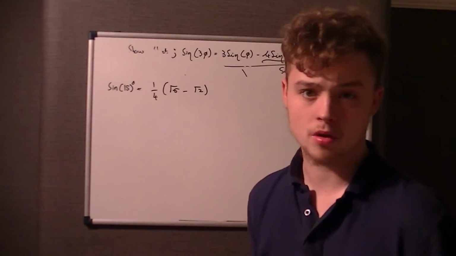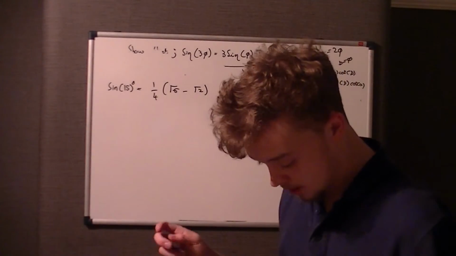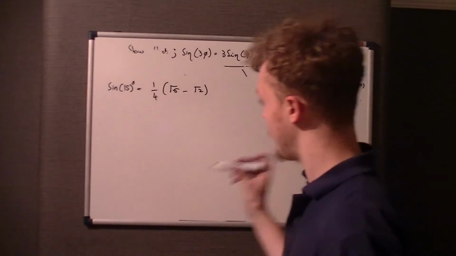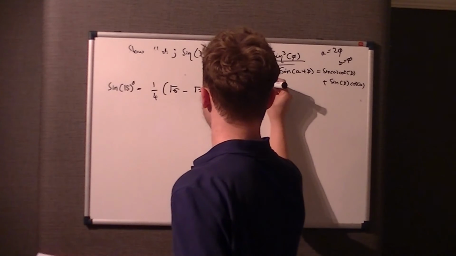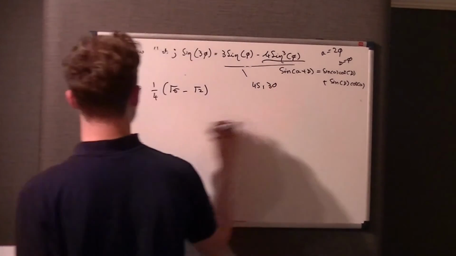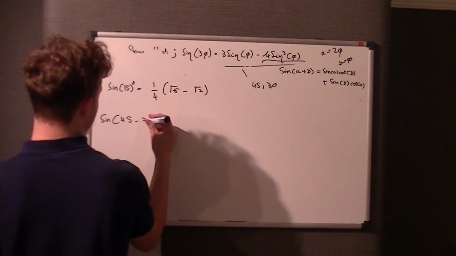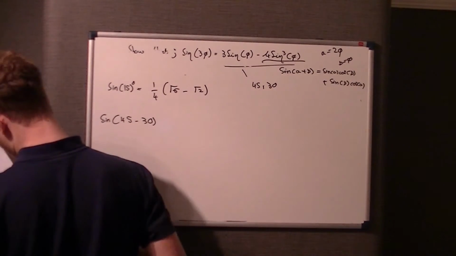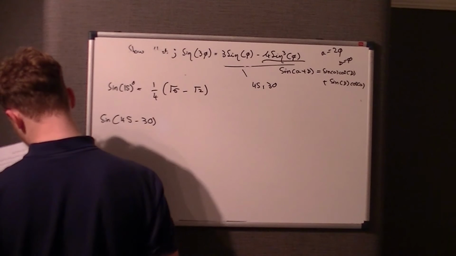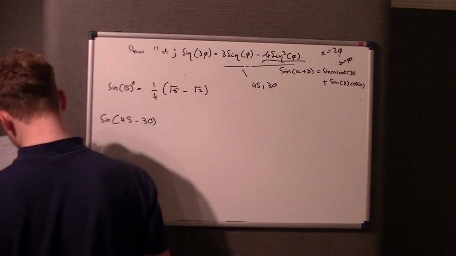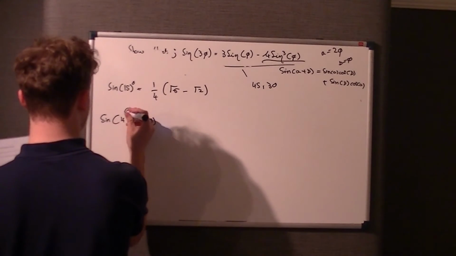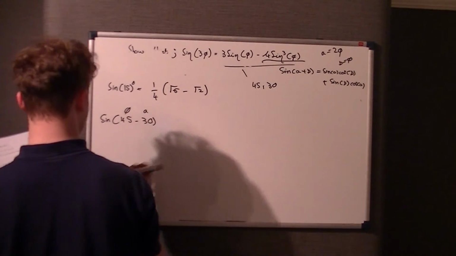So the only other alternative angles are 45 and 30. In other words, it's sin(45 − 30), and if you correspond this with part B, where it says sin(θ − α), θ is 45 and α is 30.